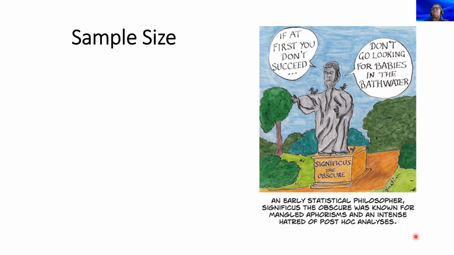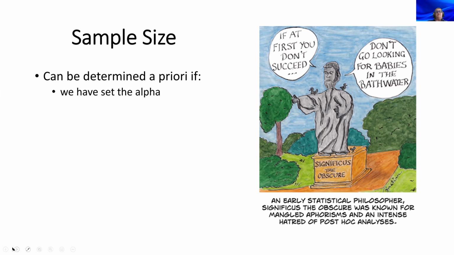In terms of sample size, let's look at what's happening here, and we could do this a priori. We have our interrelated components set. So we set alpha a priori. It's not done after the fact.